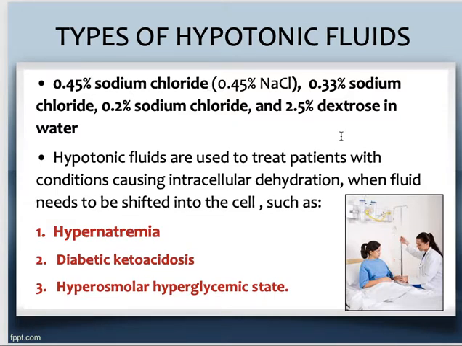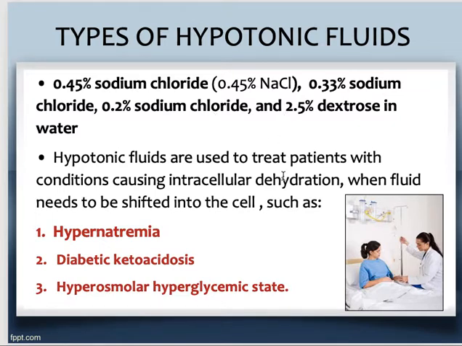But what is half of 154? It will be 77 milliequivalents of sodium and 77 milliequivalents of chloride. So that will become half normal sodium chloride. Then there is 1/3 sodium chloride, then 0.2% sodium chloride.